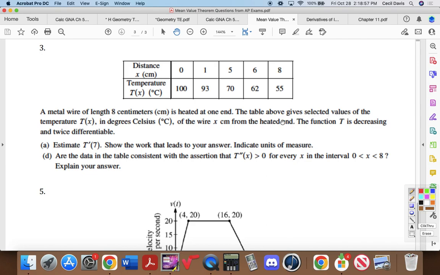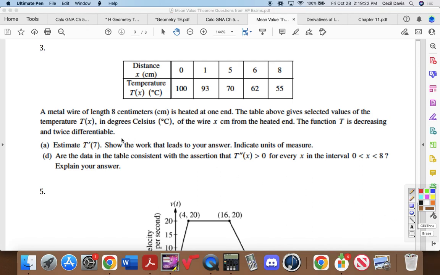The table above gives selected values of the temperature in degrees Celsius of the wire x centimeters from the heated end. So at the heated end, it's 100 degrees Celsius. 8 centimeters away, it's cooler. It's 55 degrees Celsius. The function T is decreasing and twice differentiable.